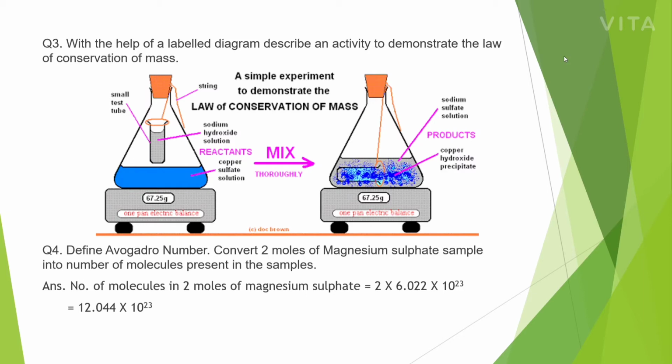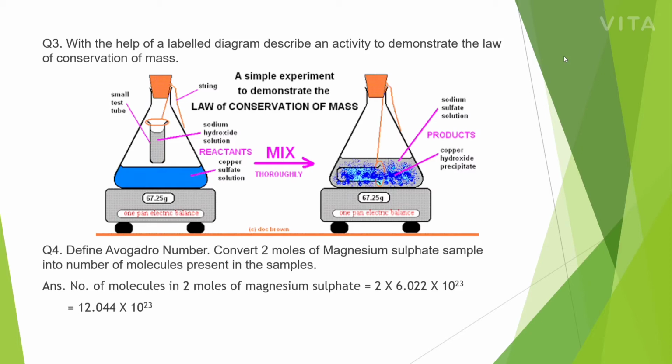We will take sodium hydroxide and copper sulfate, and prepare solutions of both by dissolving them in a small amount of water. We will take the copper sulfate solution in the conical flask and the sodium hydroxide solution in a small test tube.